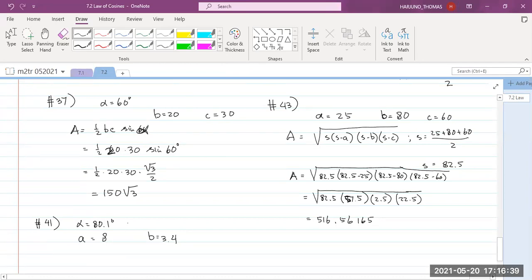How do we find the area? Because that's not one of the formulas given to us, right? We need two sides and the included angle.